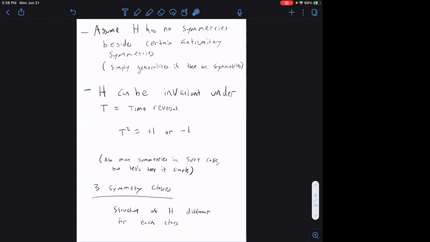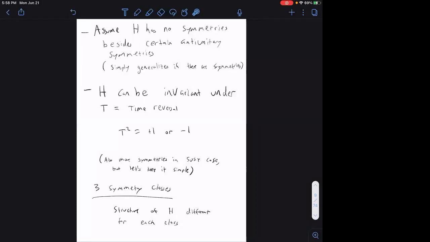It's simple to generalize to the case where you do have symmetries like translation symmetry, some charge, some continuous symmetry. But just for simplicity, we're going to talk about systems that have no symmetries besides possibly having time reversal invariance.